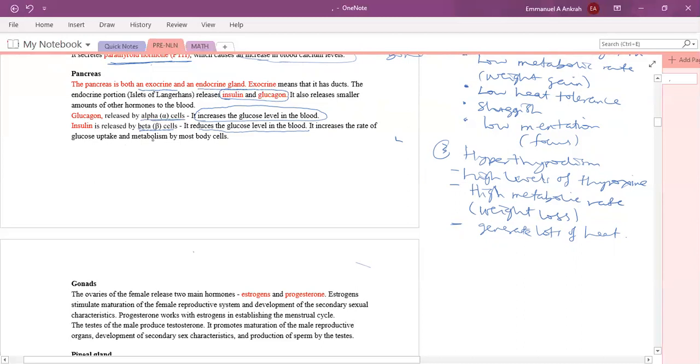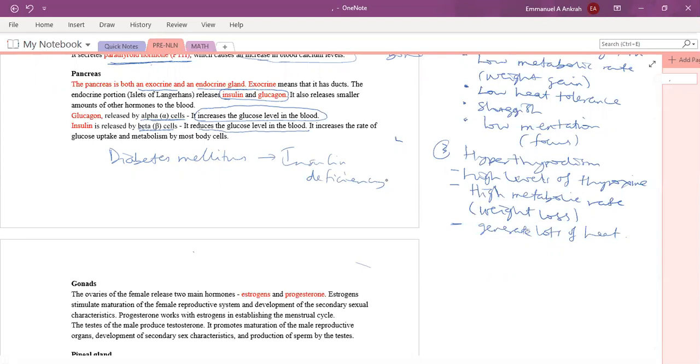So if there's a deficiency of insulin, then that's where we have diabetes mellitus. So those are the two things to remember about the pancreas.